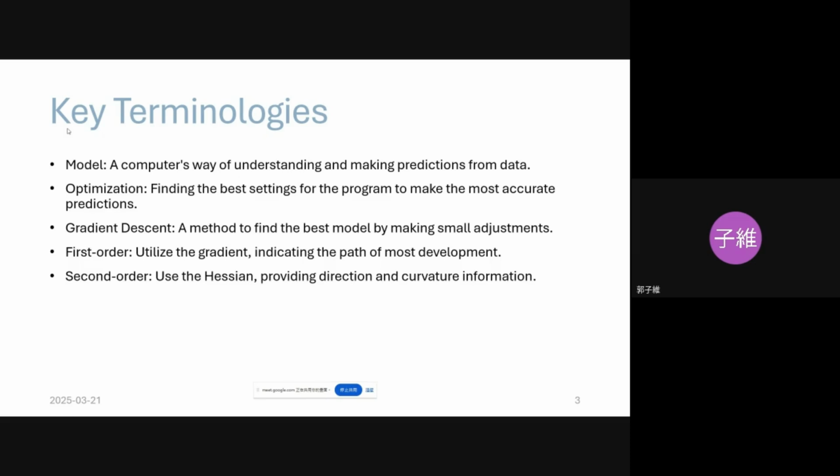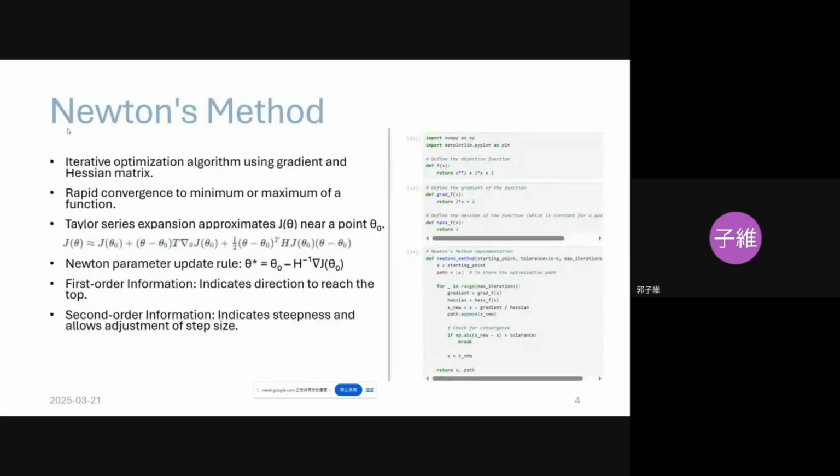The first order utilizes the Jacobian matrix. It uses the gradient indicating the path for the most improvement. And the second order uses the Hessian matrix, providing the direction and curvature information.